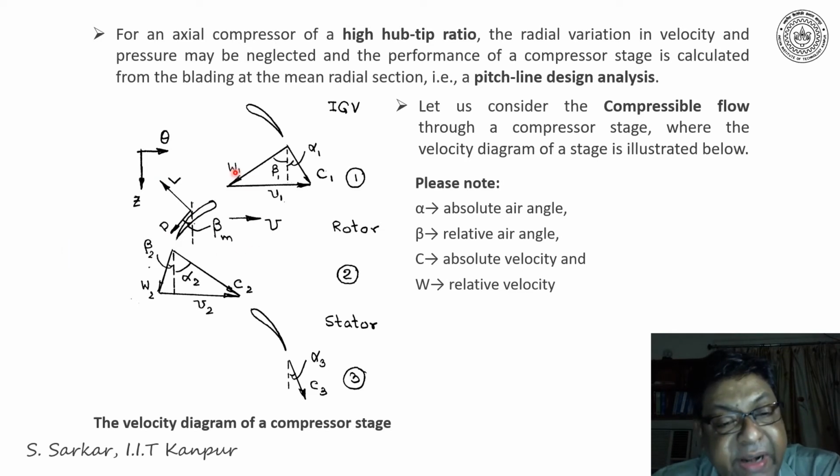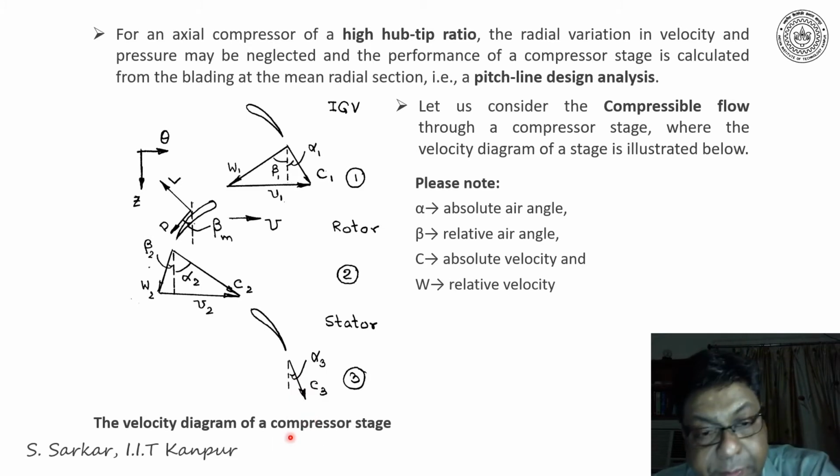So I have indicated here D and L, the drag and lift on the rotor, where U is the tangential velocity or the blade speed. Similarly, for the stator, here at station 3, C3 is the absolute velocity at exit from the stator, and alpha 3 is the angle that C3 makes with the z-axis.